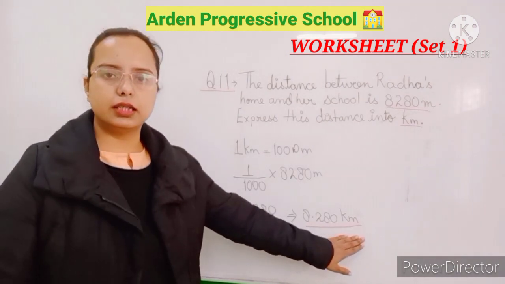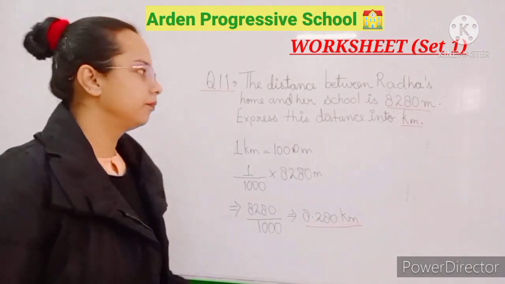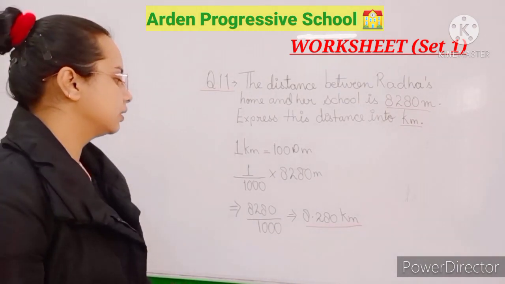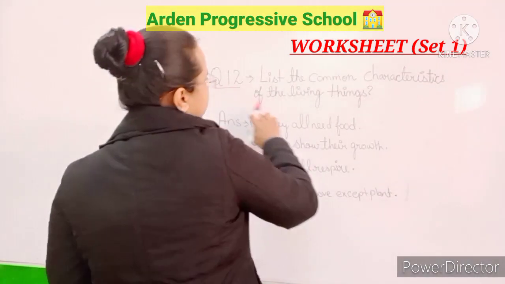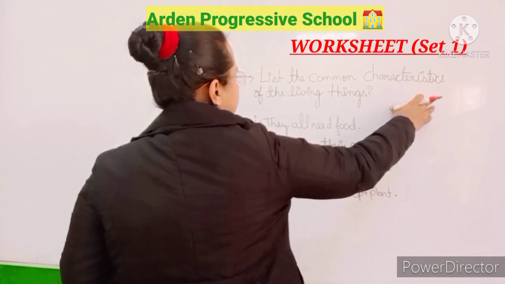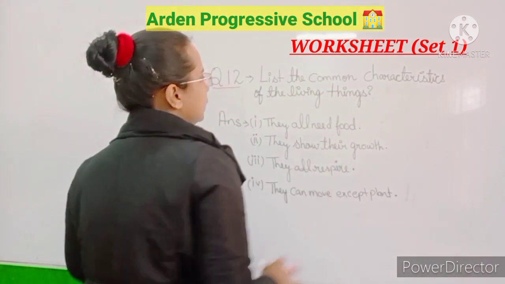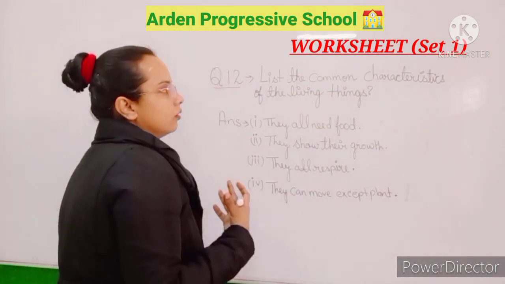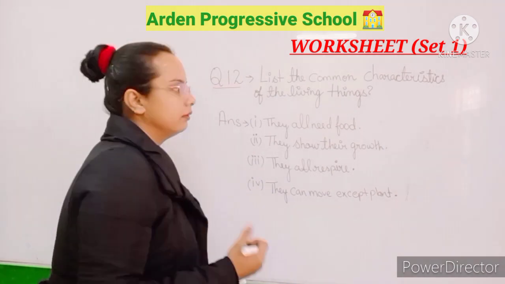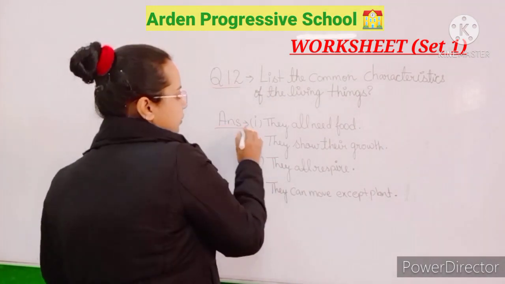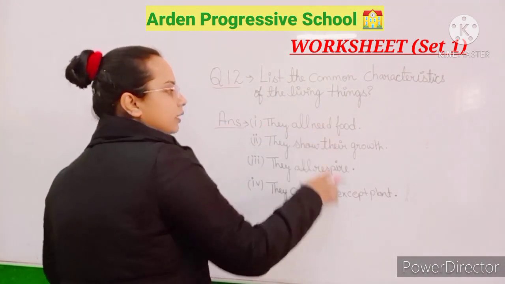8.280 kilometers. Okay, now the next question is question number 12. List the common characteristics of the living things. So what are the common characteristics of the living things? First, they all need food.